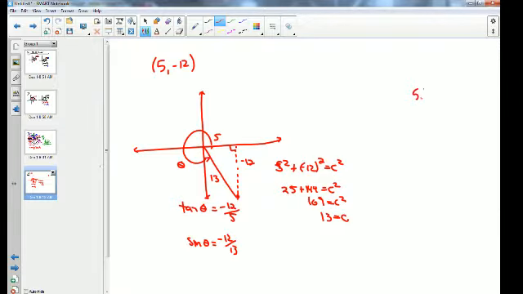Homework. Nice try, though. It's a calculus free response question we did in class today.